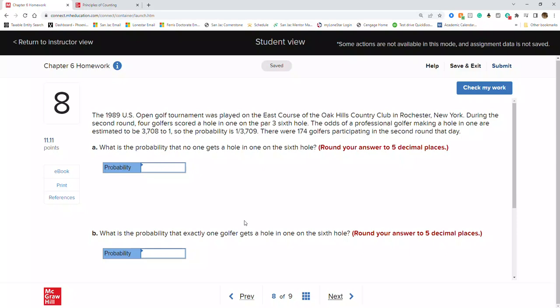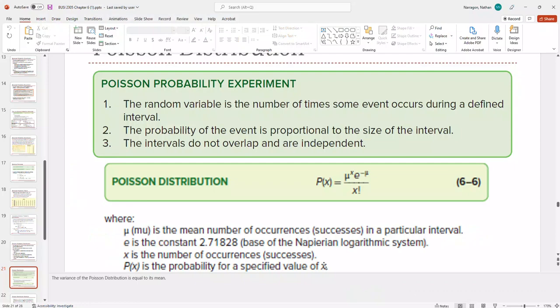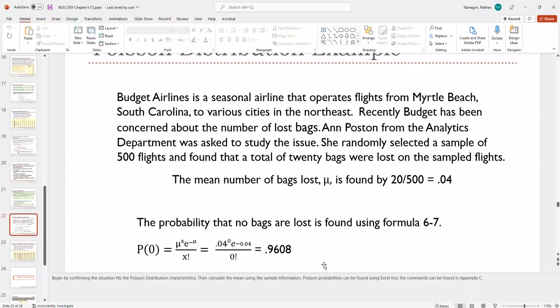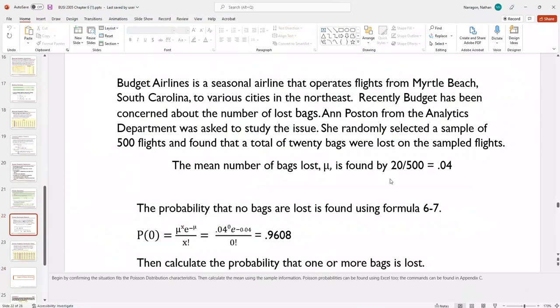So, biggest thing that we need to find is what is the mean. Okay, so we have a lot of things, we just don't have the mean. Let me see PowerPoint, and here's our mean.